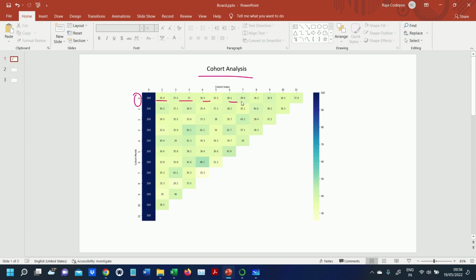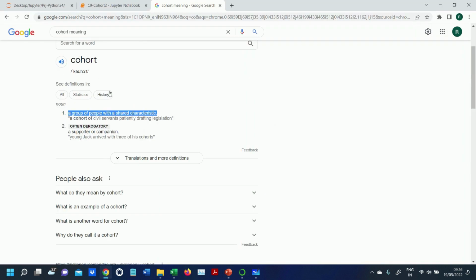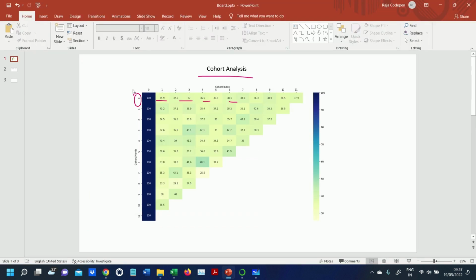If we go by the definition of what you mean by cohort, let's visit here. What do you mean by cohort? It's a group of people with some shared characteristic. In terms of data analysis, we have to extend that definition a little bit.